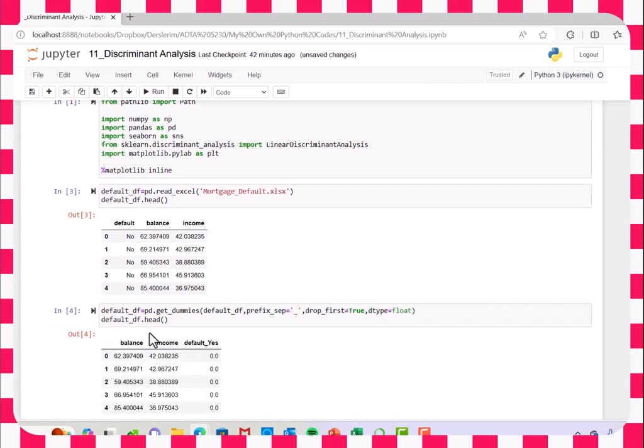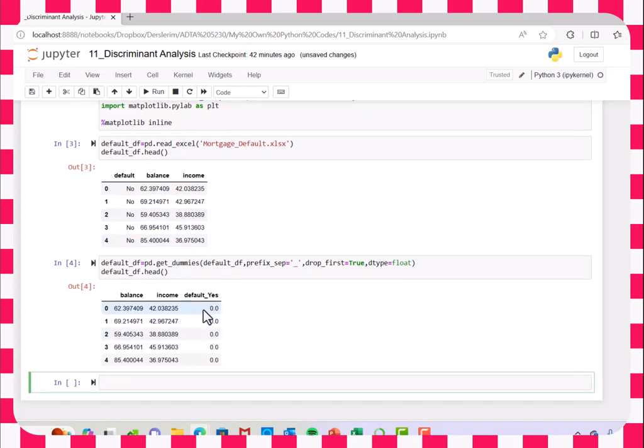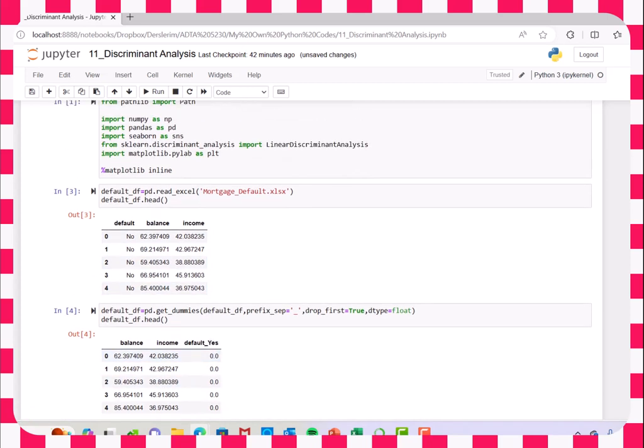Okay, so this code dropped the first default column and instead it produced a dummy variable which is called default yes. Now I will show you a scatter plot of default versus balance and default versus income.